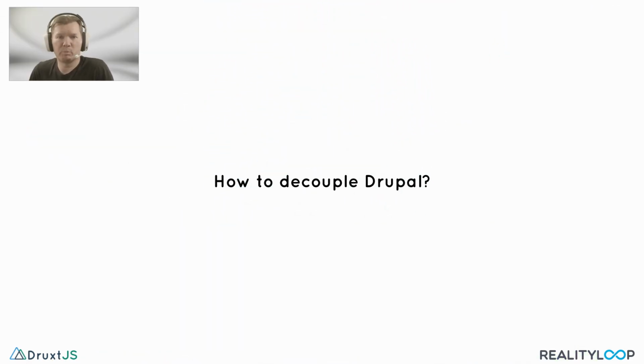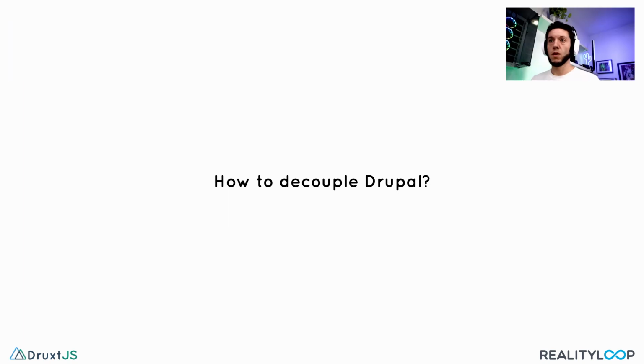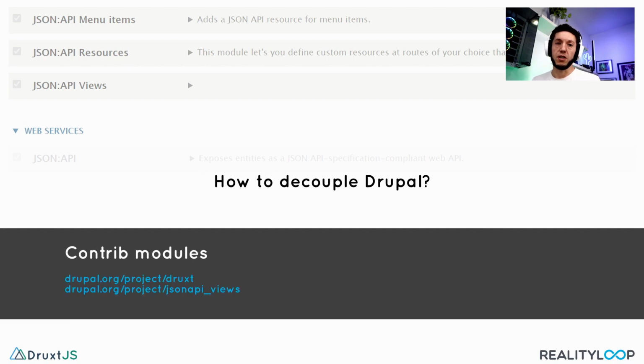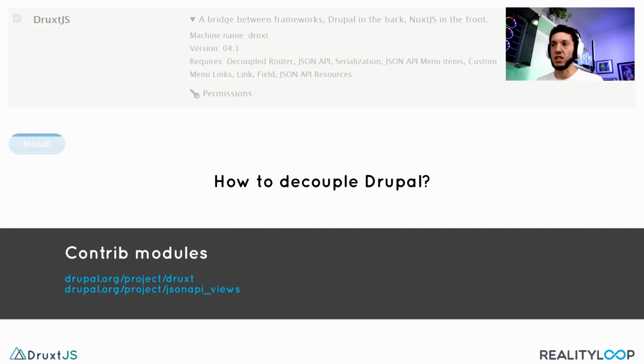How would we go about decoupling with Drupal? It's relatively simple. Both Drupal 8 and 9 come with the JSON API module, which does the majority of the work. We're also going to be using the JSON API views module and the DruxtJS module, which simplifies some of the setup process.